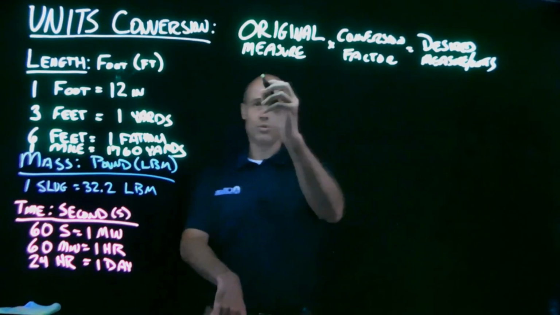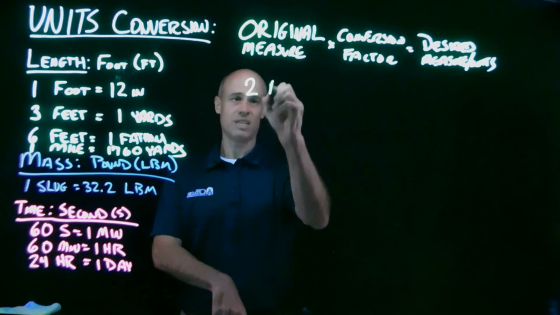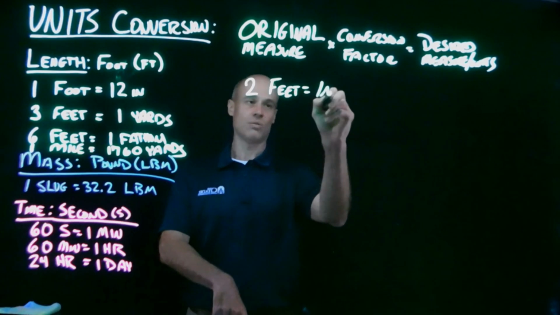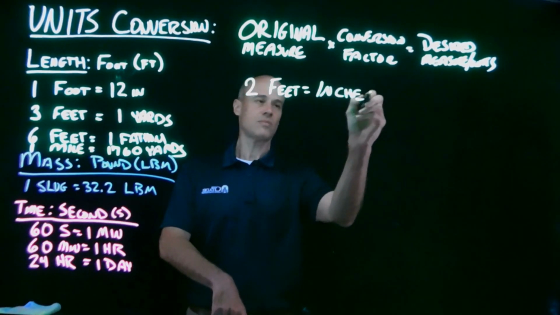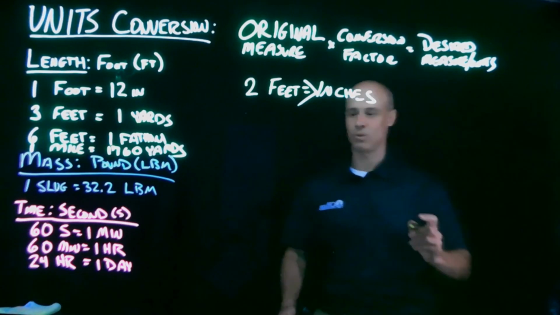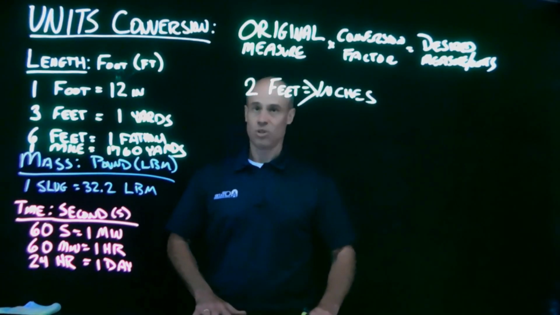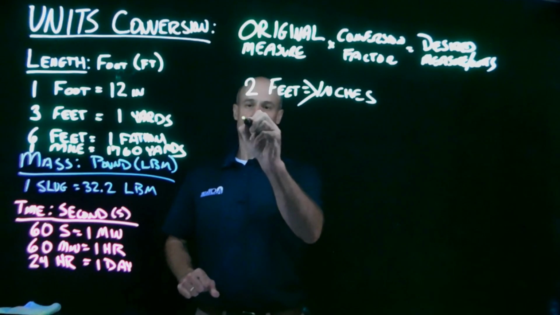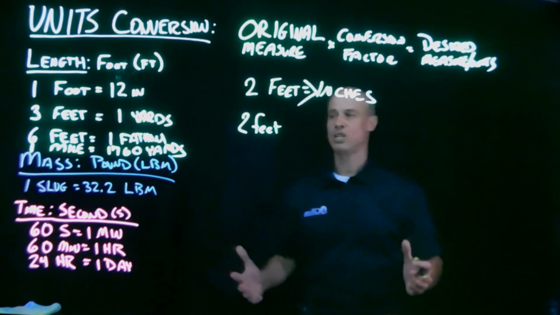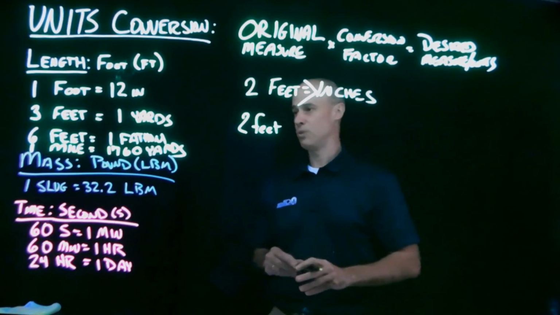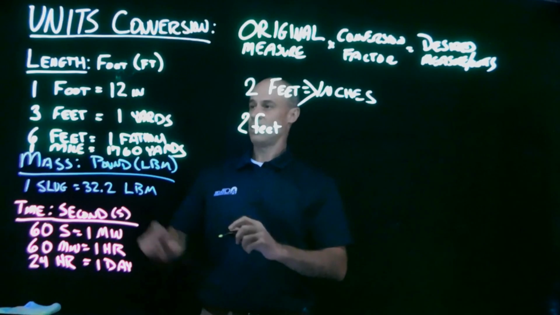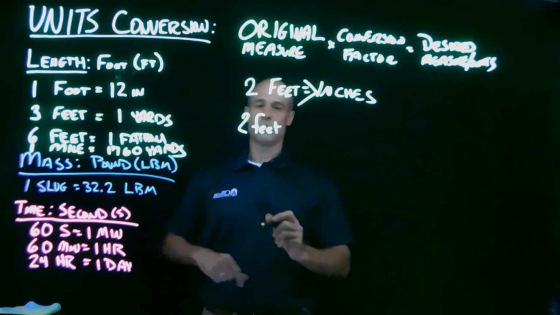Well, let's take as an example, we have 2 feet and we want to convert that into inches. Now, we already know the answer to this problem, so we'll just take a look at the approach. We start with our 2 feet and we need a conversion factor. Well, we have the information we need over here on the side of the board, and all we need is that our foot is equal to 12 inches.